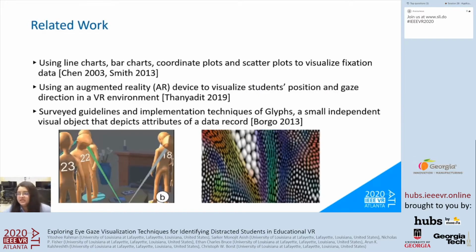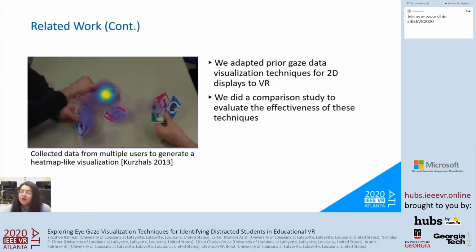Previous researchers have used line charts, bar charts, coordinate plots, and scatter plots to visualize fixation data. Thaniadit and co-authors in their 2019 work used an AR device to visualize students' position and gaze direction in a VR environment. Borgo surveyed guidelines and implementation techniques of glyphs, small independent visual objects that depict attributes of a data record.